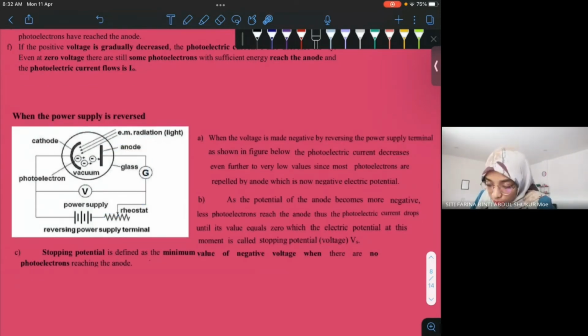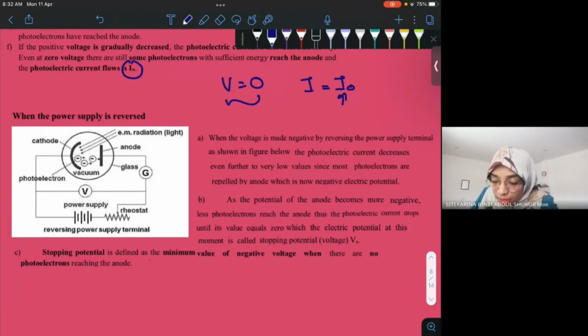Okay, what is going to happen adalah at this particular point, after you reverse the terminal, photoelectron kita yang tadi dah sampai I0 ini, V dah kosong time tu, I kita masih I0. So you reverse the terminal. Bila you reverse the terminal, your I yang dah sampai I0 ini akan continue to decrease. It will slowly start to decrease after your voltage becomes negative.